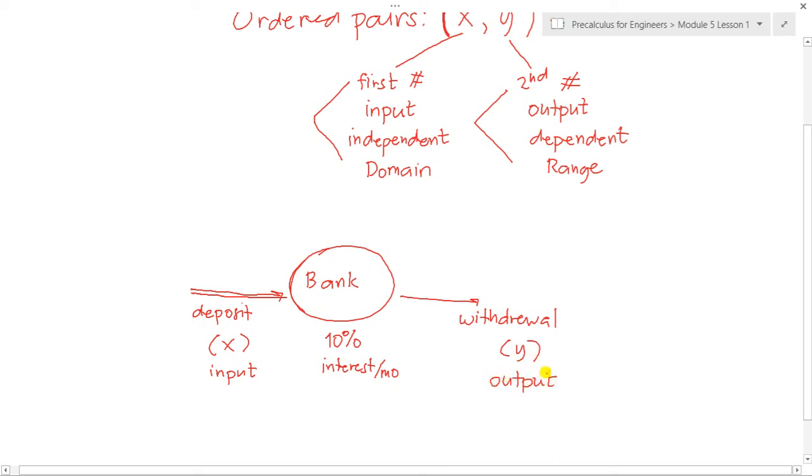So again, why is this one called independent? Because of course, the deposit of your money does not depend on anything here, because it's up to you. You decide how much money you are going to deposit.